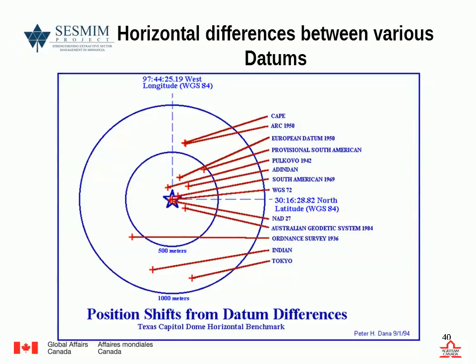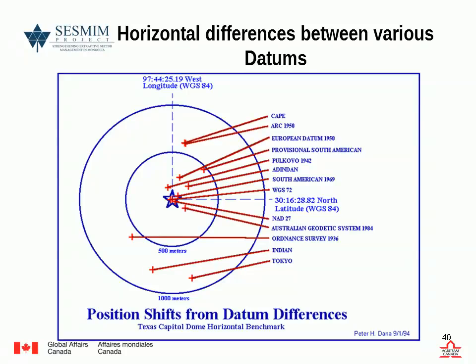So given this longitude, 97, 44, 25.19 west, and this latitude, 30, 16, 28.82 north, if you obtain the UTM coordinate for that using WGS84, it would tell you the middle of the star is where you should be.